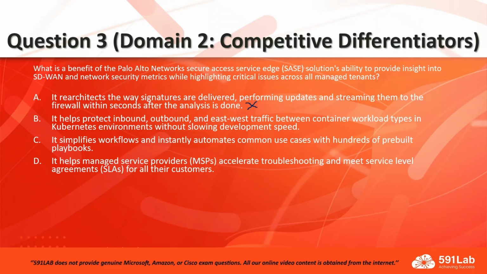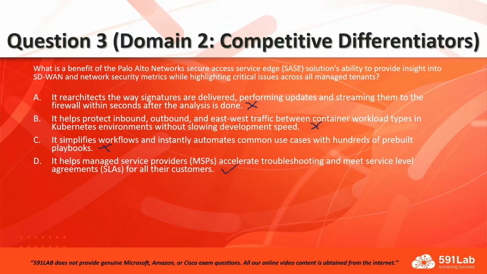This is not the SASE solution ability, because this is the ability of the Prisma Cloud, and this is not the answer. And C, it simplifies workflow and instantly automates common use case. And this is not the SASE ability also, because this is the ability of the Cortex XSOAR. Then it leaves us the option D, that helps the MSP accelerate troubleshooting and meet the SLA.